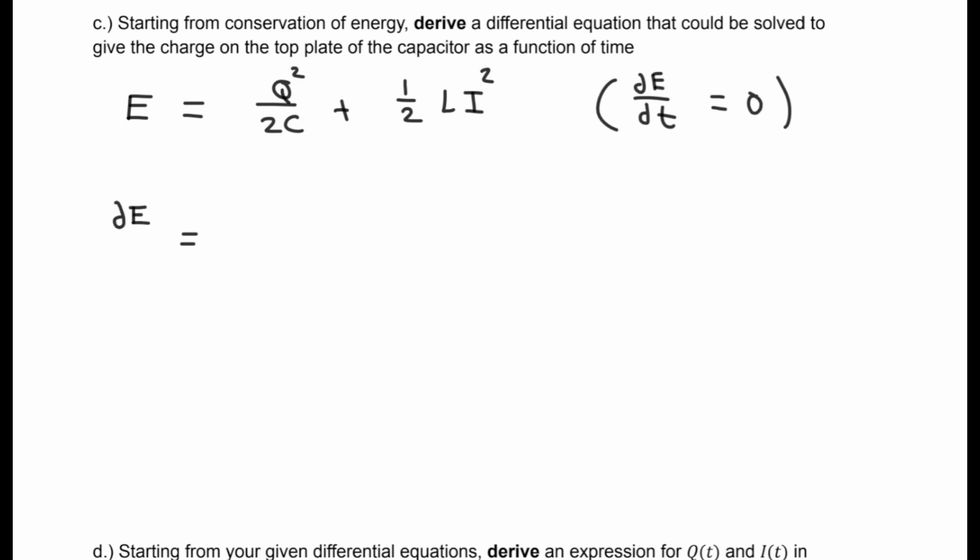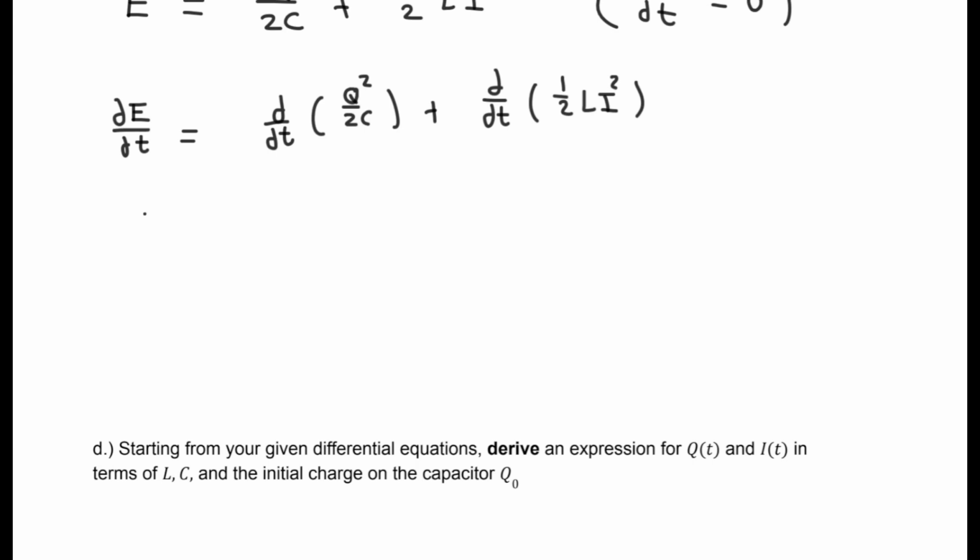If I take the derivative with respect to time of this, this can get kind of messy. We'd take the derivative with respect to time of q squared over 2c, and then we'd add the derivative with respect to time of 1/2 Li squared. But we know that this derivative better equal 0.